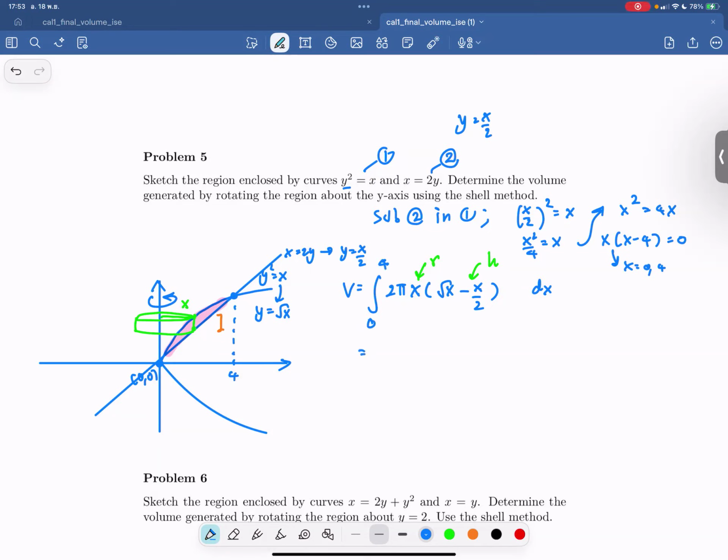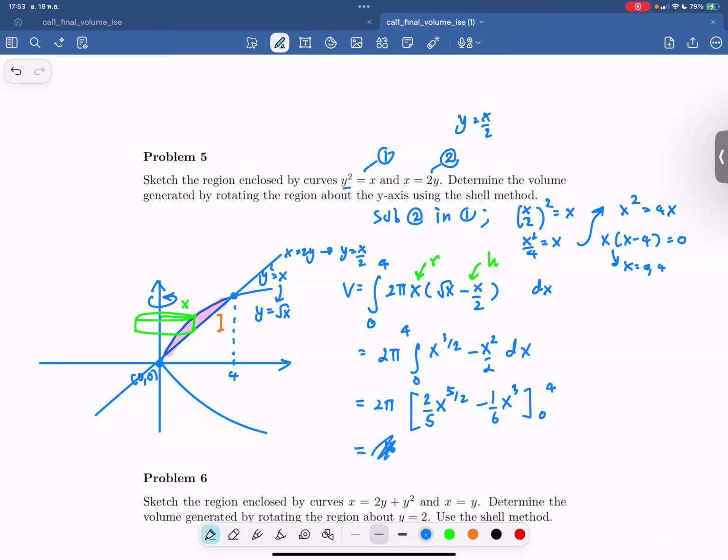Okay, and you just use a simple calculation: the integral of x times (square root of x minus x over 2) dx, which gives 2 over 5 x to the 5 over 2 minus 1 over 6 x cubed from 0 to 4.